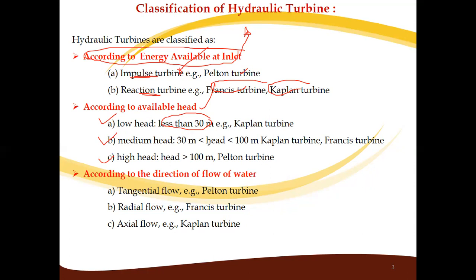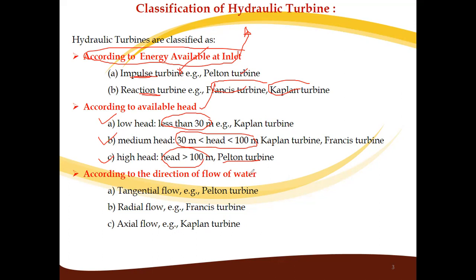Medium head turbine, when the head lies between 30 meter to 100 meter. So Kaplan turbine and Francis turbine are examples of medium head turbine. And high head turbine, when the head of water is greater than 100 meter. And the example of this high head turbine is the Pelton turbine.